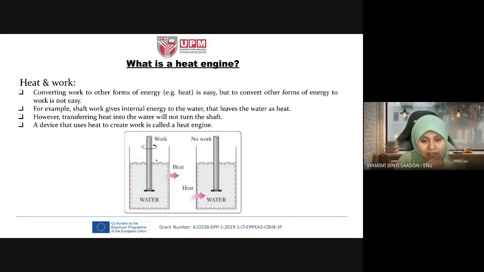The heat increase in the water is what we call internal energy, that leaves the water as heat. The water is being heated. We rotate the shaft and the temperature of the water will increase a bit.